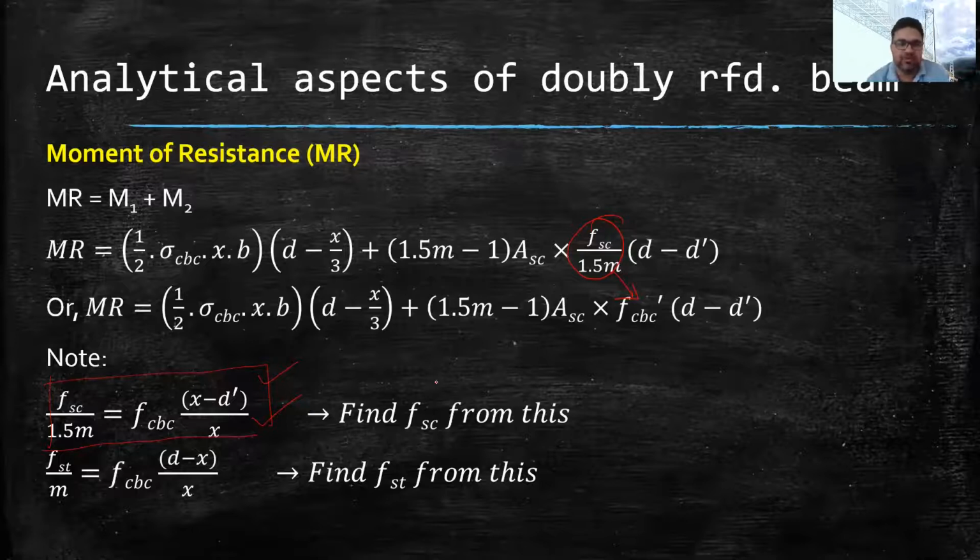So that is why I have provided the direct formula here. Using this formula, we can find out the value of FSC, and using this formula, we can find out the value of FST. I have already discussed this earlier. So that is the method of how we find the moment of resistance.